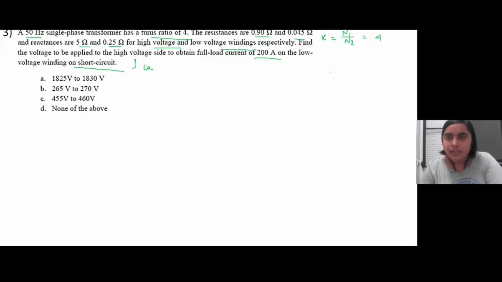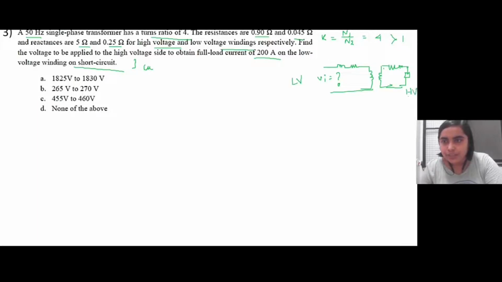So in this case, initially the winding of the transformer would be somewhat like this. The resistance and the reactance on the secondary, this will be the load current flowing here, and this will be the input voltage which we need to calculate. Now since the turns ratio is 4, greater than 1, this is the low voltage side and this is the high voltage side, right?